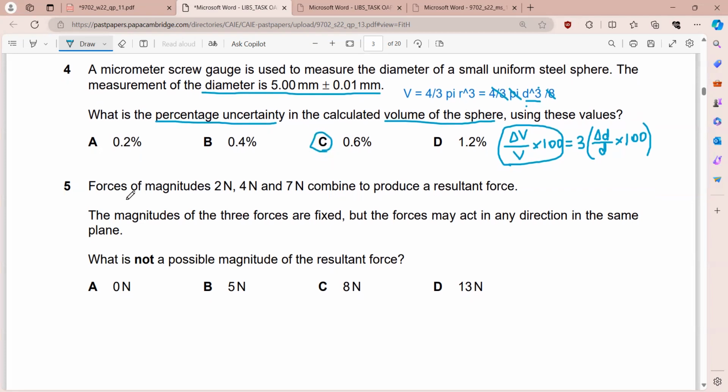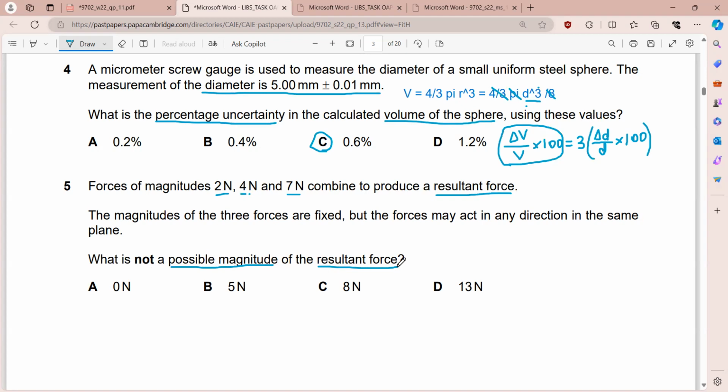Okay, fifth question. Forces of magnitudes 2, 4, and 7 Newton combined produce a resultant force. The magnitudes of the three forces are fixed, but the forces may act in any direction in the same plane. What is not a possible magnitude of the resultant force? So here we have to think maximum and minimum.